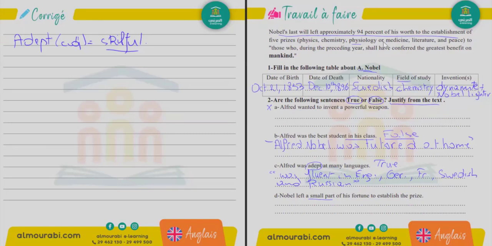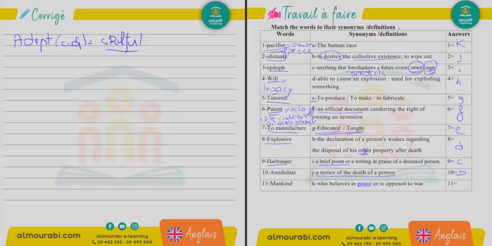To those who during the preceding year shall have conferred the greatest benefit on mankind. We have answers. Let's check first. Having benefits on mankind finishes this table here. That's evident: if it has benefits on the human race, the mankind or the human race.